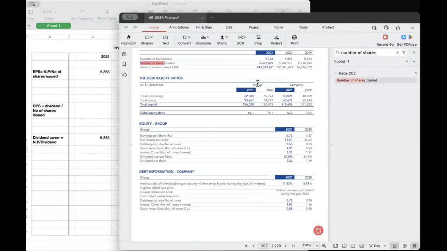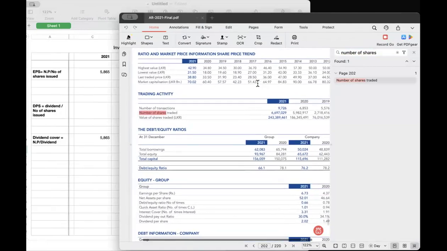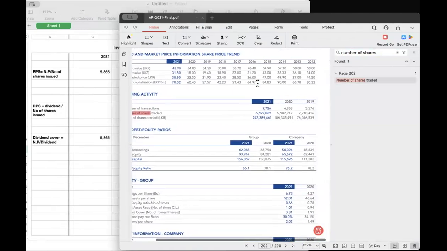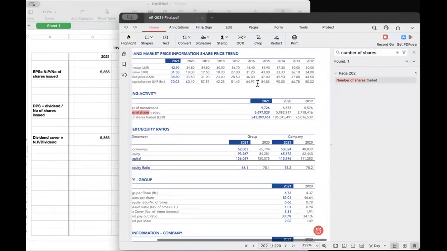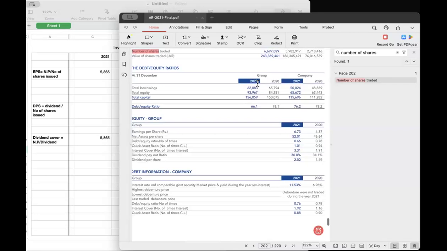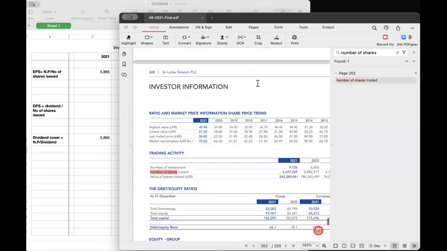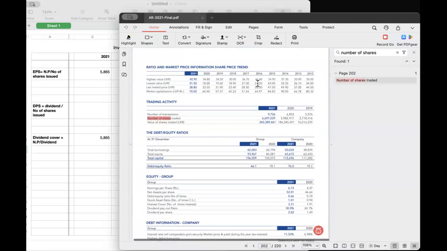It should be somewhere here. Number of shares issued. I can't remember actually where I found it, but it is in the annual report. You just have to find it.